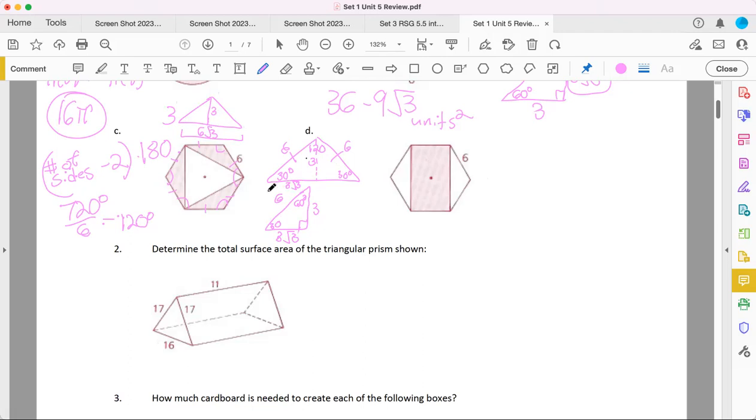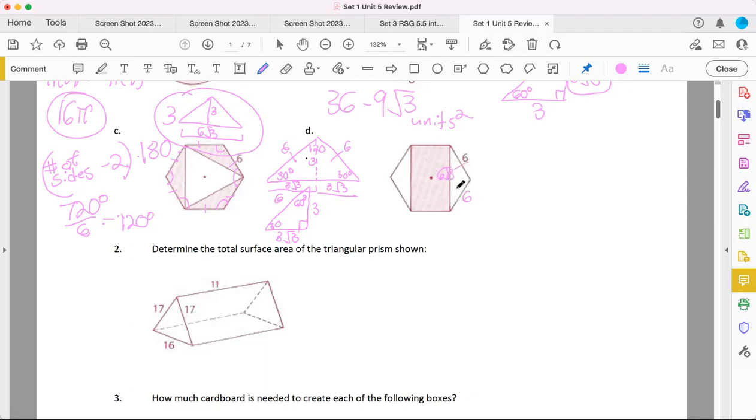If this is 3 root 3 from here to here, this also has to be 3 root 3 from here outwards. So at the core of it, you're just taking 3 areas of triangles with height of 3, base of 6 root 3, capiche?